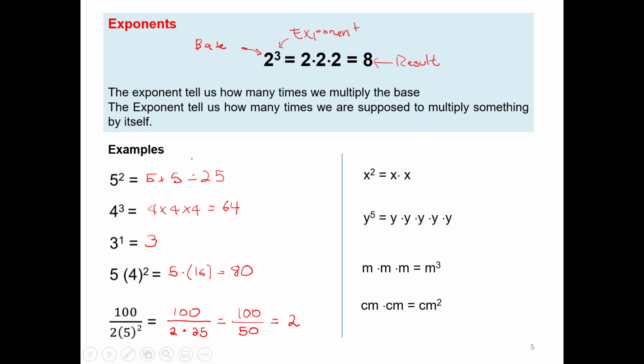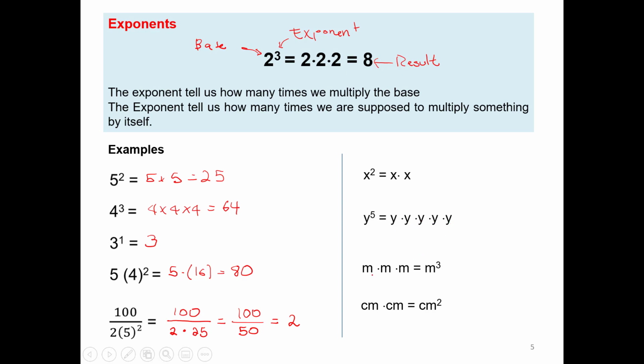The same rule we apply if we had numbers is the same rule we apply if we had variables, and it's the same rule we apply if we had units. If you had x to the second power, it means x times x. If you had y to the fifth power, it means y times y times y times y times y.